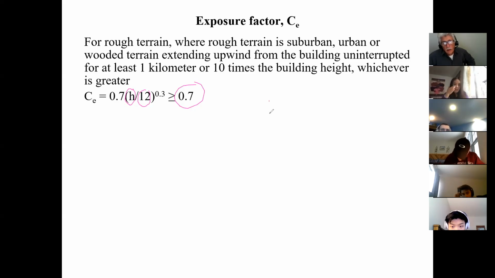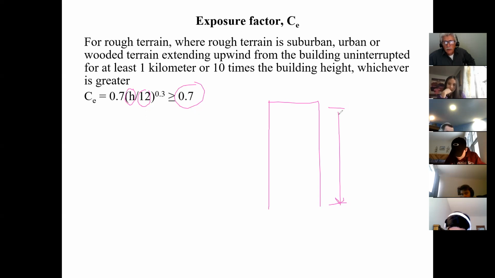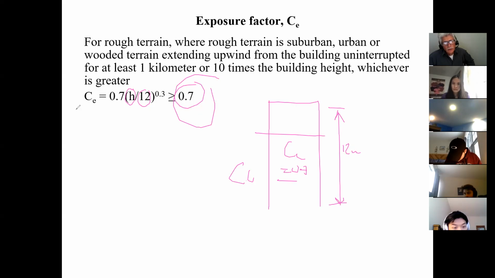So when you have a building in rough terrain, from 0 all the way up to 12 meters, whereas the other one was up to 6 meters, the CE value is going to be equal to 0.7. If you have a 6-meter building, the CE value is still 0.7, and so on. So all they're saying here is that from 0 to 12 meters for a rough terrain, the CE value is 0.7.